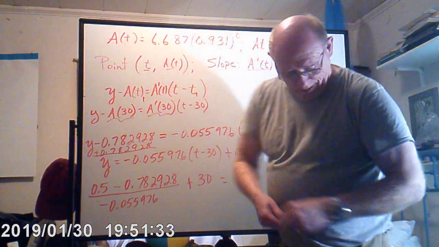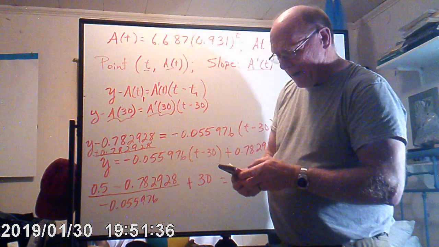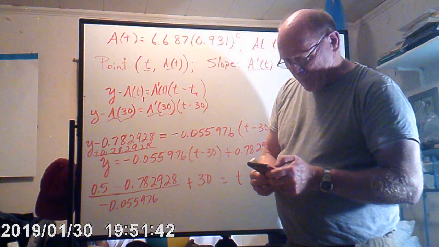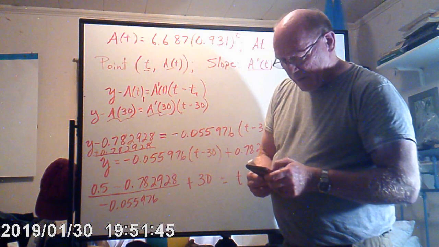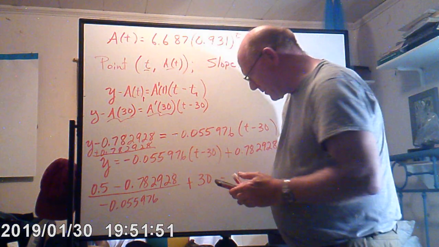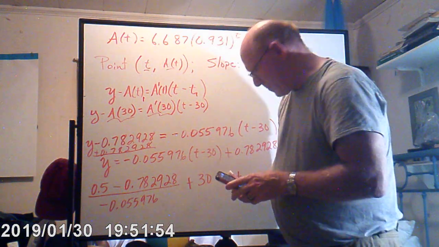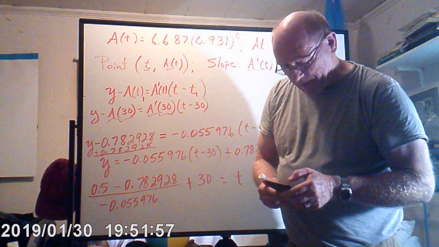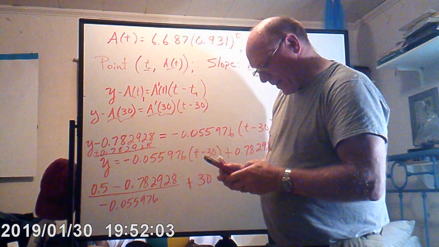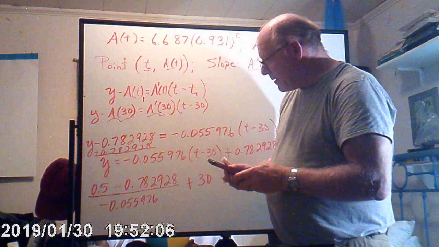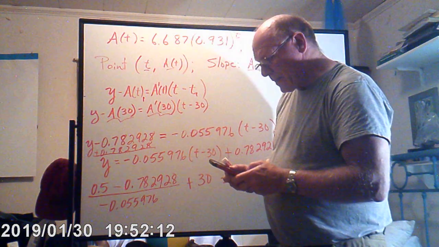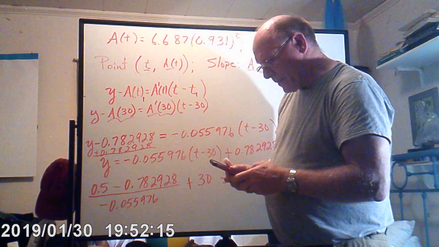Alright, so if I punch that in, let's see here what I get. I already have the answer to this somewhere, but let me do this by hand. 0.5 minus 0.782928. Enter that amount.